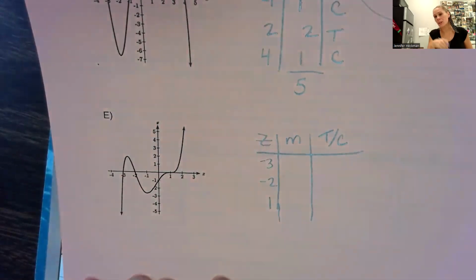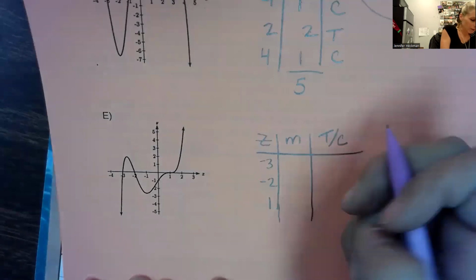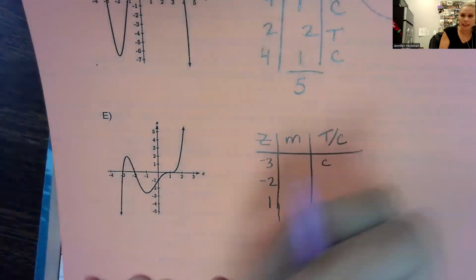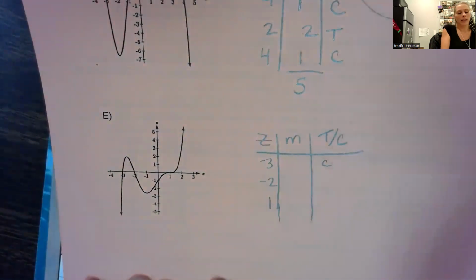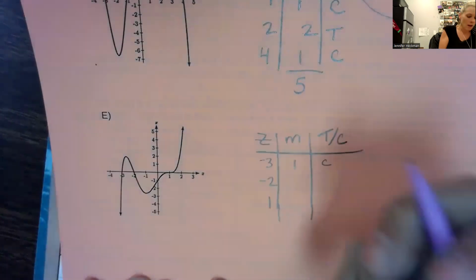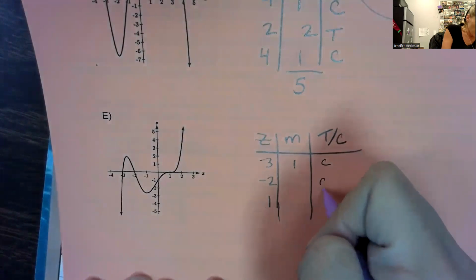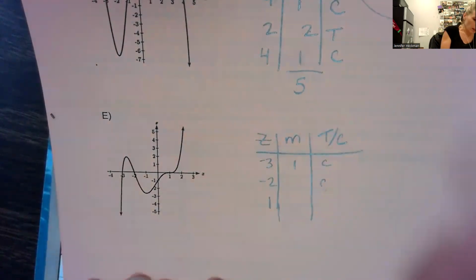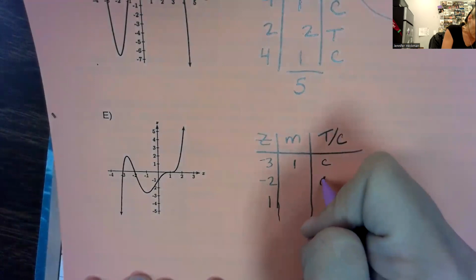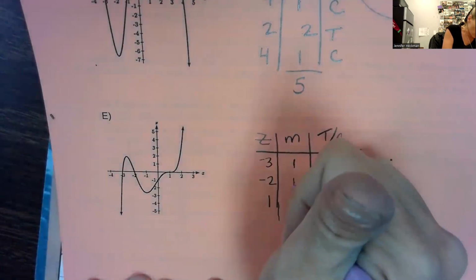Remember, our zeros are only our x-intercepts, not our y. At -3, it's crossing like a straight through cross, that linear cross, so it's going to be 1. -2 is crossing again at that linear, so it's also going to be 1.